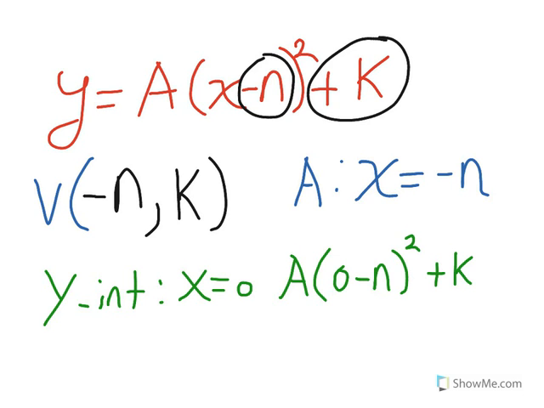Alright, after I find n, to find my y value, my min or max, I have to plug n back into the original equation. That's going to give me my y value, and that y value is going to be my max or minimum value, depending if it's concave up or concave down.